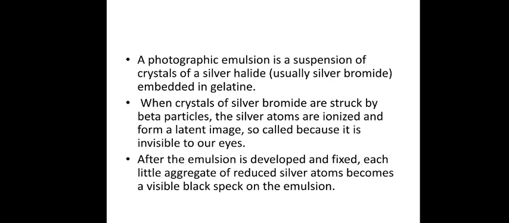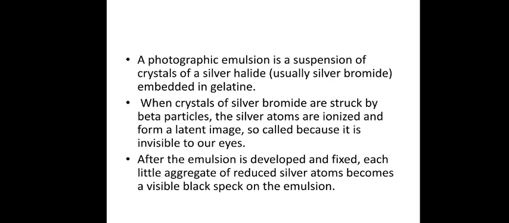When these crystals of silver bromide are struck by a beta particle, see, you have a sample, a tissue, which is embedded with the radioactive element. We already know radioactive elements decay, emitting certain particles. When these particles bombard the chemical on a photographic film, they ionize the silver atoms, and this results in the formation of a hidden image, an image which is not visible to us.